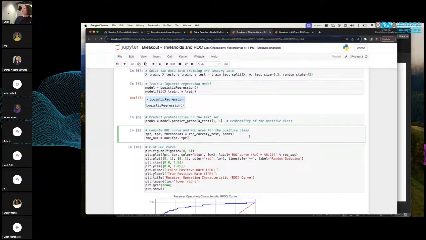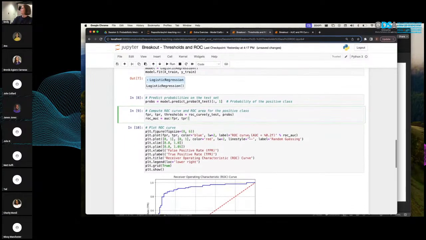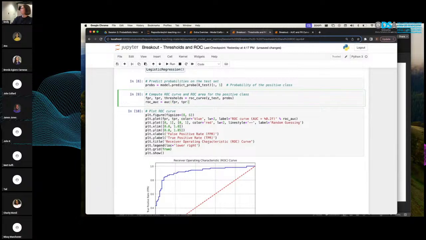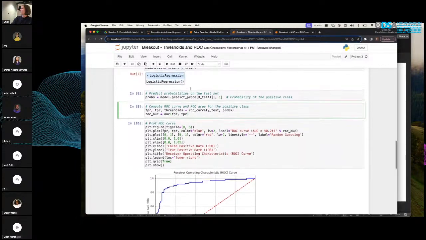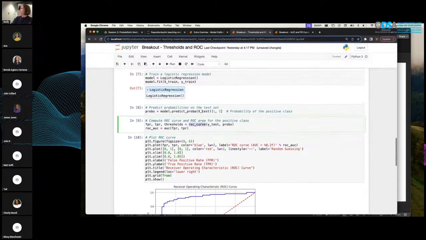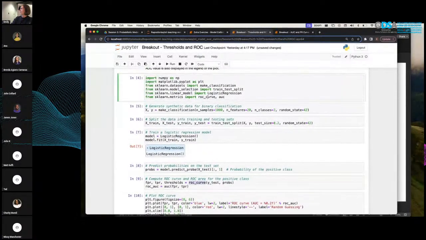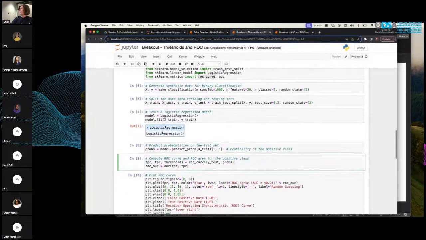All right, so this calculates your ROC curve. We're calling roc_curve, which is a sklearn function. I just imported it. We're passing our y_test and our probs, our probabilities.